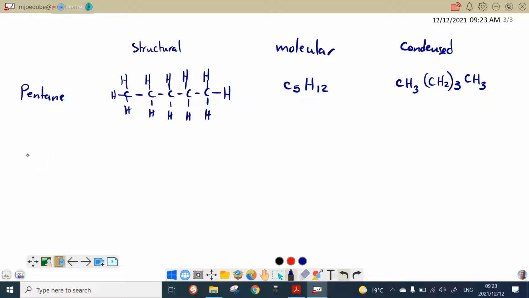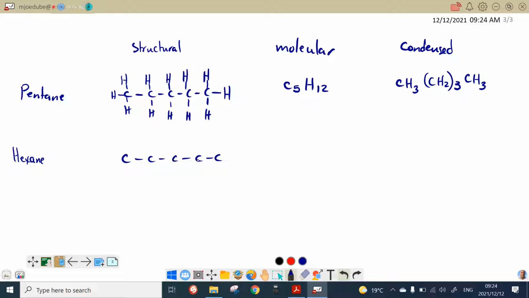Then the next one that you have is the hexane. Hexane has got 6 carbons. So now with the 6 carbons that are available, you would draw the structure with 6 carbons.